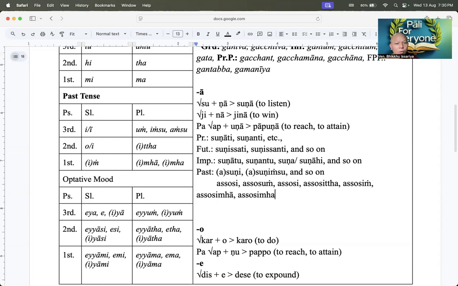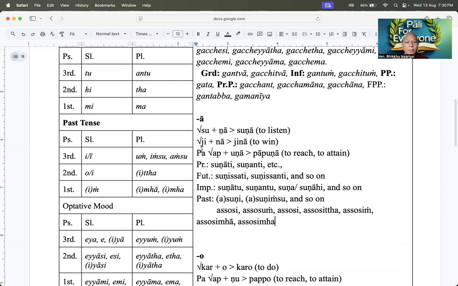And this is a special one also we can find there. Such a special one we can practice in this.